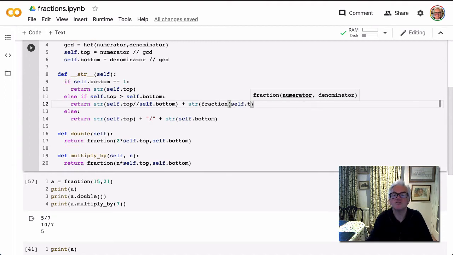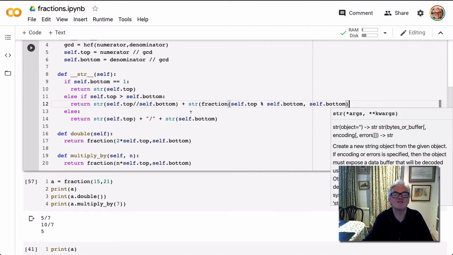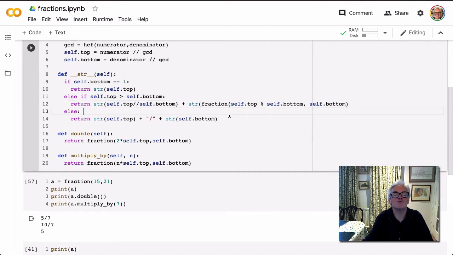So we do self.top percent self.bottom and then keep the denominator the same. I'm really scared. I should have tested this, folks. Else return the usual form.